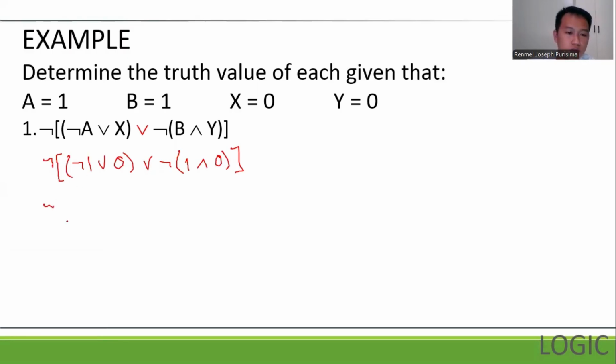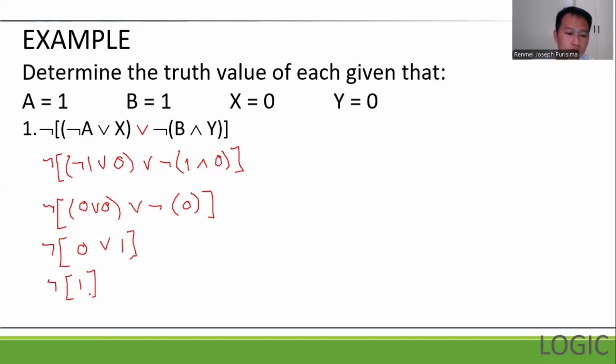The negation of 1, that is 0, or 0, or negation of 1 and 0, that is 0. Okay, next we have 0 or 0, that is 0, or negation of 0 is 1. 0 or 1, that is 1. And lastly, the negation of 1 is 0.